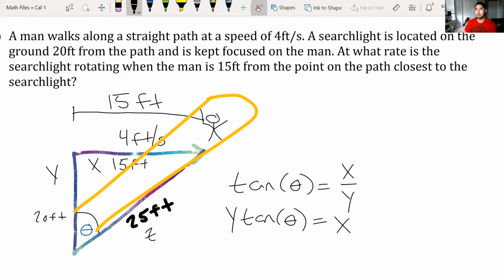Well, I'm kind of backtracking because I already said we can plug in for y. So let's go ahead and do that. y is 20, so 20 times tangent theta equals x. It's still good that I multiplied y to the left side. Either way is fine. Now let's take the implicit derivative with respect to time.